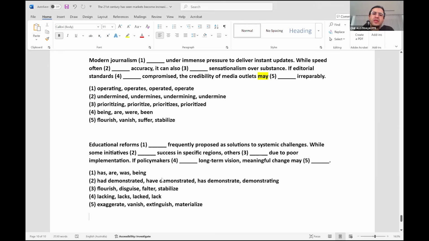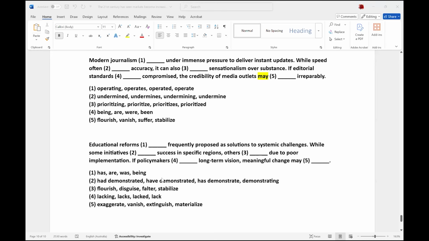disappear. That's why it didn't make sense, even for vanish. But even extinguish doesn't sound like the right word. What's the exact meaning of exaggerate? Speak something out of proportion. For example, you just have a small cut on your finger, but you are showing as if your whole finger is cut.